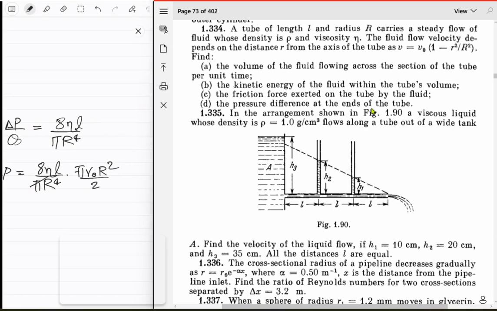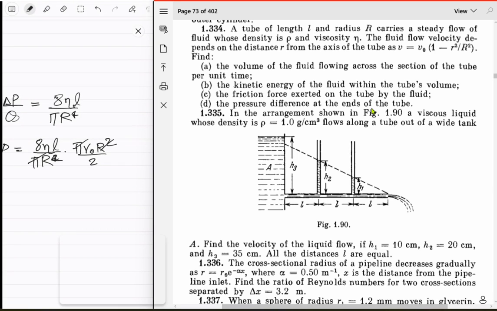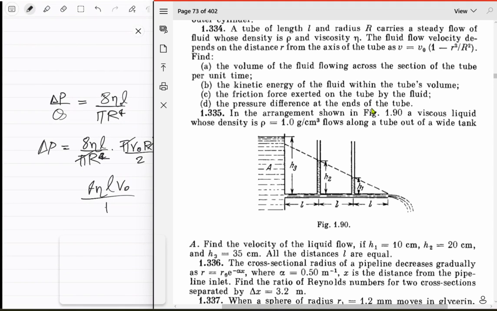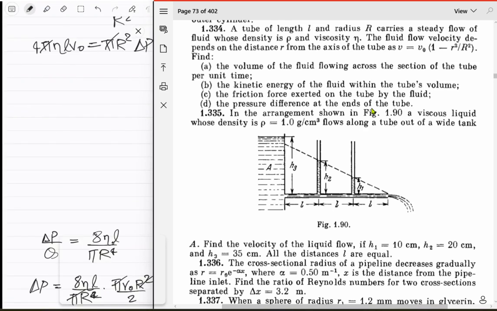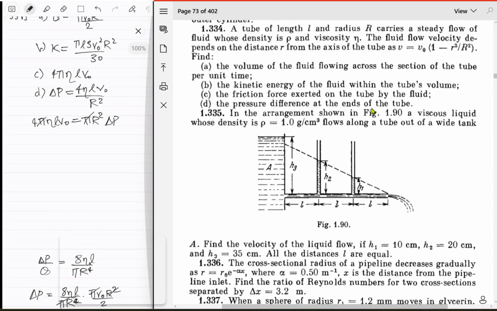Okay, fine. So this cancels. It's R squared over here. This is 4 eta L V naught upon just R power 2. Yes, that's exactly what we got. Okay, next question.